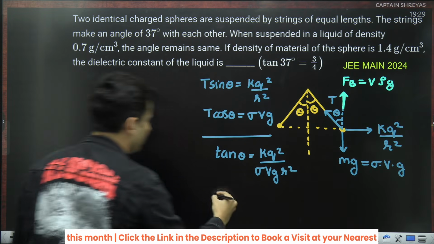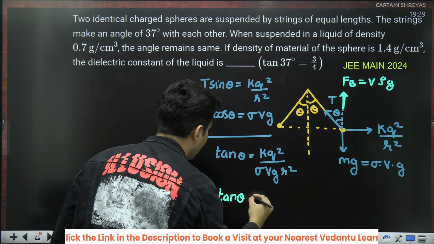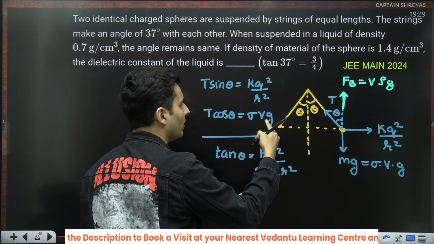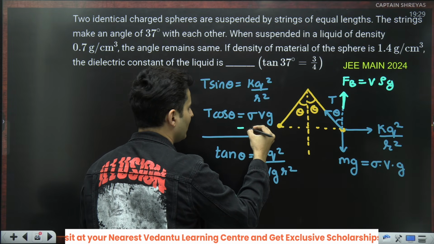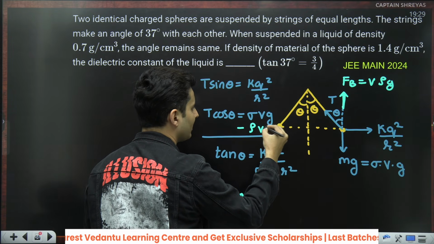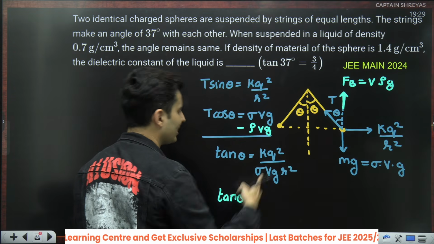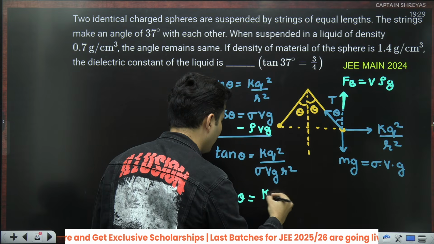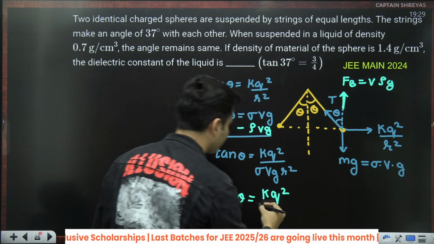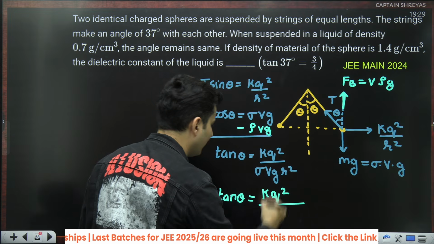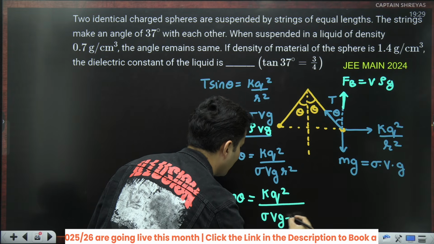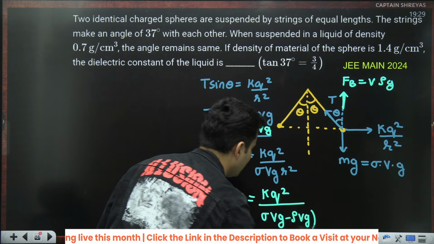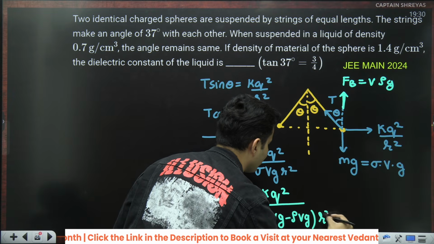Tan theta as, think about it, instead of T cos theta being sigma vg, you will get sigma vg minus rho vg. That's the only difference, minus rho vg. So what you get over here will be k q square, divided by sigma Vg minus rho Vg, and then you will have r square over here.